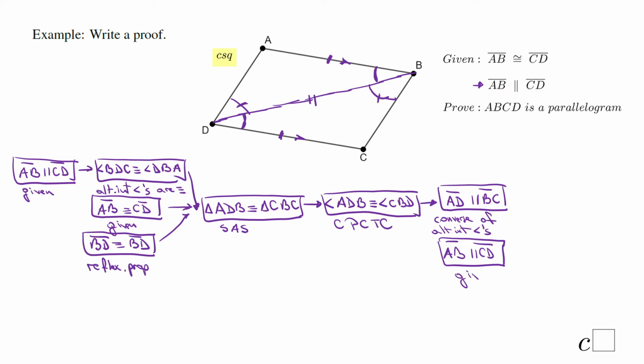And now, yes, we have a parallelogram because we see two pairs of opposite sides are parallel. So yes, ABCD is a parallelogram. And the reason is very simple. This is the definition of a parallelogram.